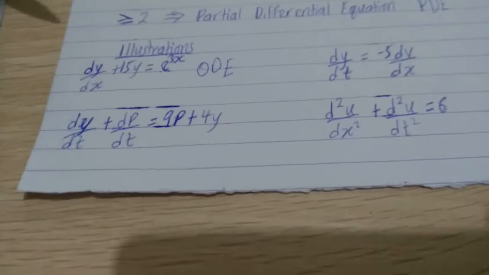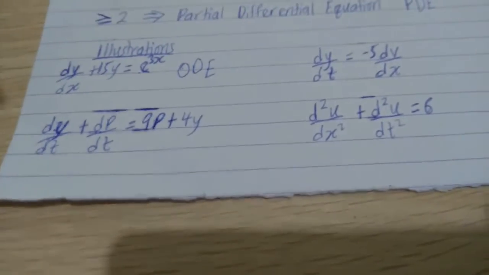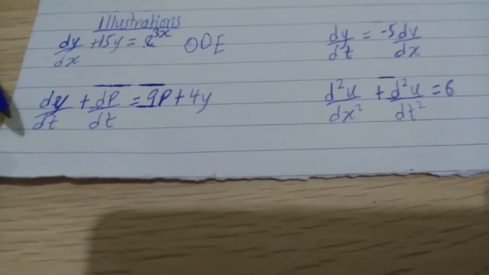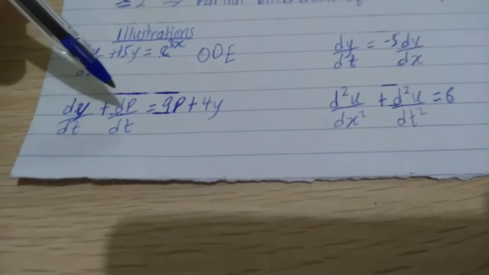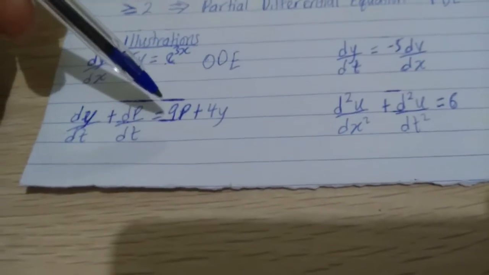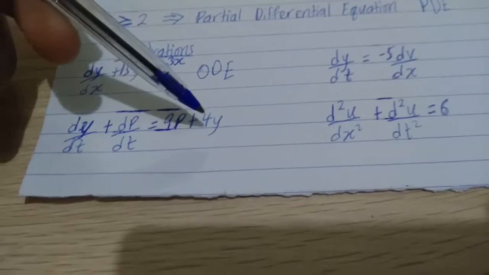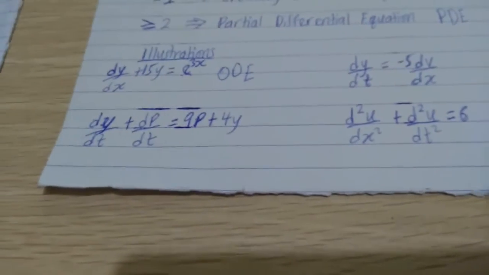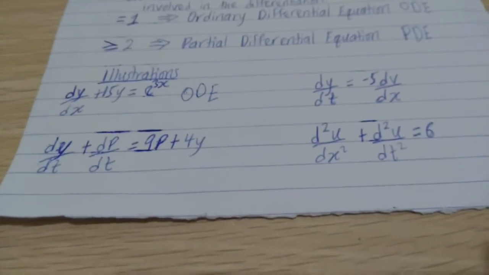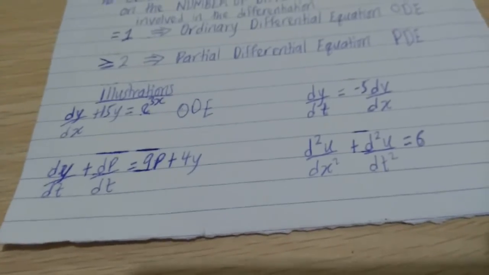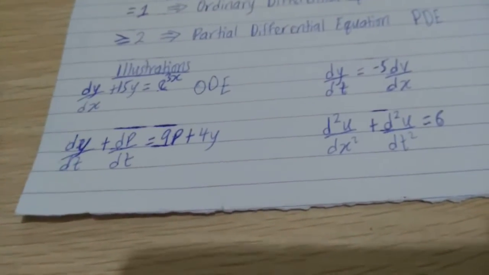Okay, and then let us go on to the next example. So we have dy dt plus dp dt equaling 9p plus 4y. So what do you think will be the type of this differential equation? Let's look at it.